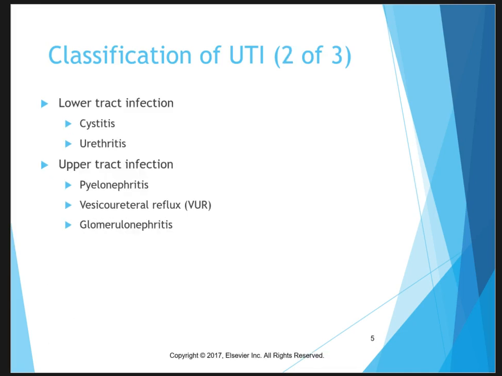So cystitis or urethritis, that's the bladder and the urethra. Upper tract, so that's going to be your pyelonephritis, the infection up in the kidneys, vesicoureteral reflux, and glomerulonephritis, which we're going to go over.